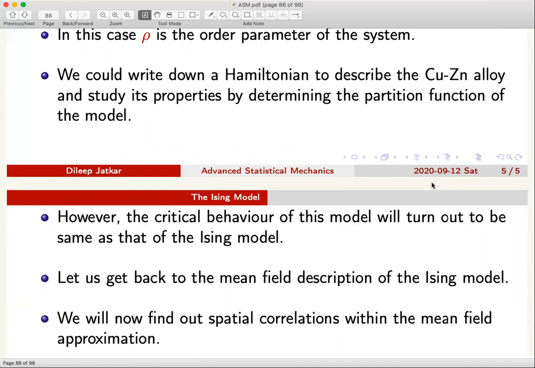Okay, so therefore you do not really need to study the copper zinc alloy system separately. Of course, it is not to say that this is purely speculation. People have studied binary alloy systems on their own, okay, without worrying about what the Ising model is dictating to us, and studied their critical behavior and found that the critical exponents agree with the Ising model critical exponents.